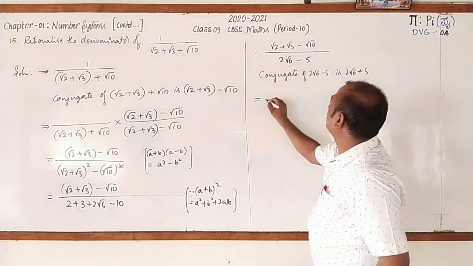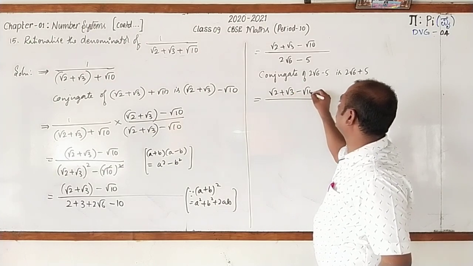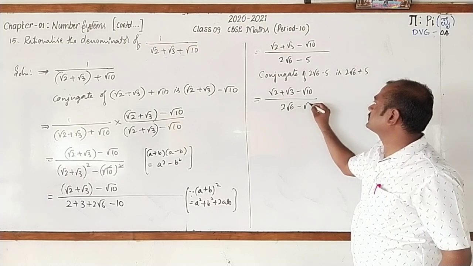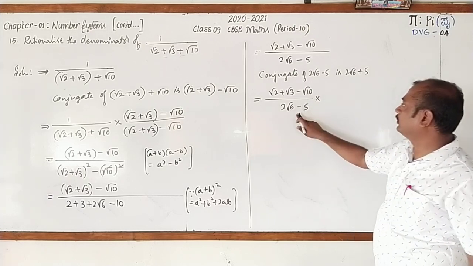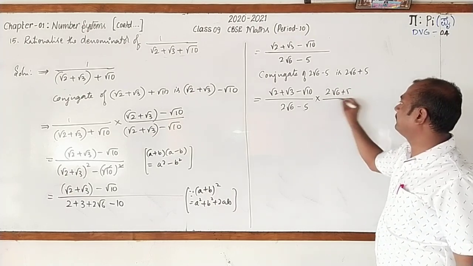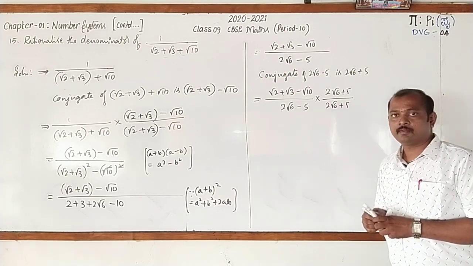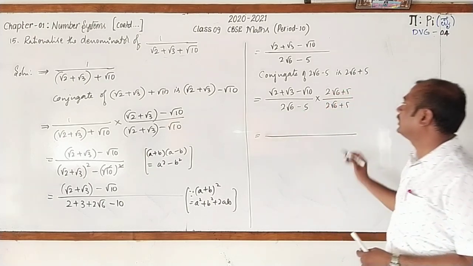It is (root 2 plus root 3 minus root 10) whole divided by (2 root 6 minus 5), into the conjugate of this, 2 root 6 plus 5 by 2 root 6 plus 5. Clear?